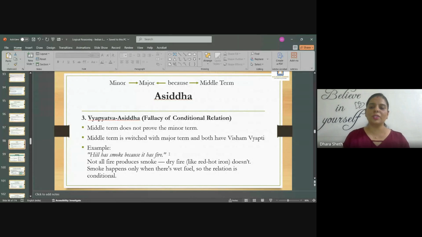Not all fire produces smoke, like dry fire, like a red hot iron. It does not produce smoke. It just produces very red color. Smoke happens only when there is wet fuel. So the relation is conditional. So in this case, because the sequence or the places have been switched, it's vyapyatva asiddha, fallacy of conditional relation.